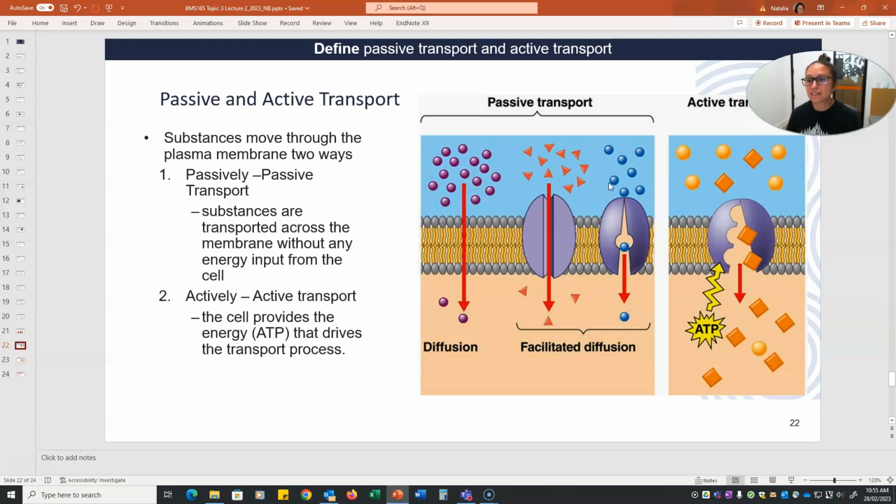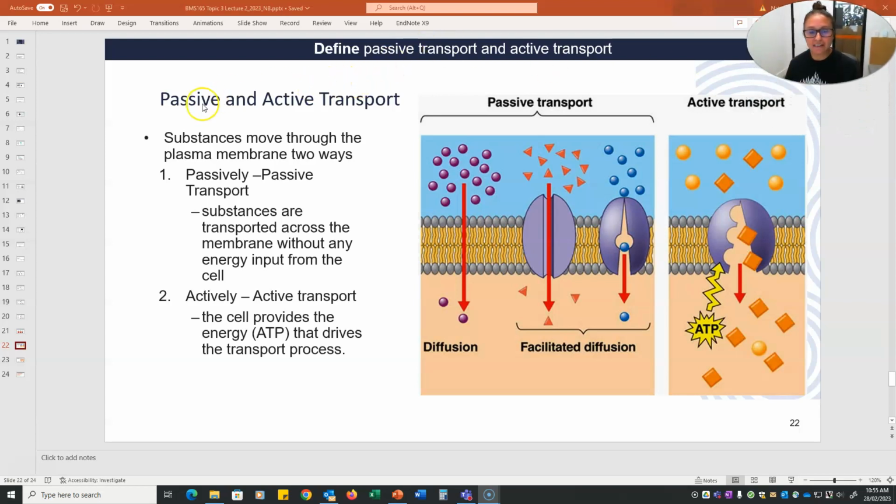Okay, so let's move on now to something else. So now let's just get our heads around what active and passive transport means, just to finish off this little section. Okay, so we know that things go through the plasma membrane. But there are different ways that things can move through the plasma membrane. Now there's 2 major categories. One is called active and the other one is called passive.